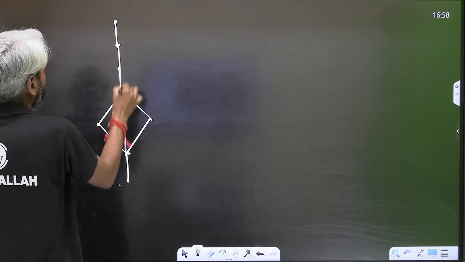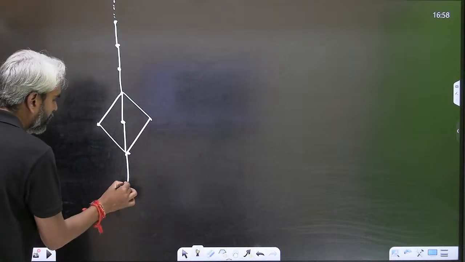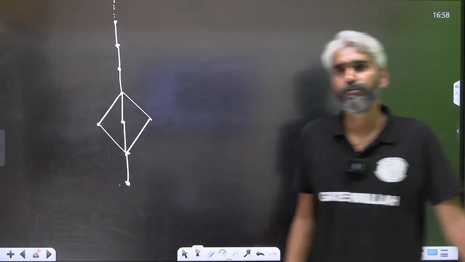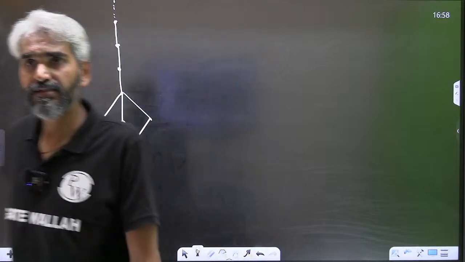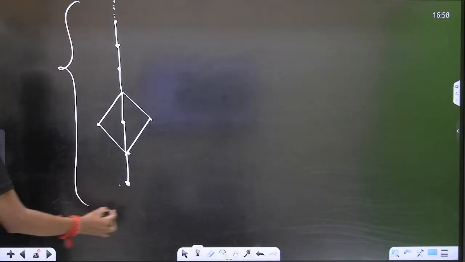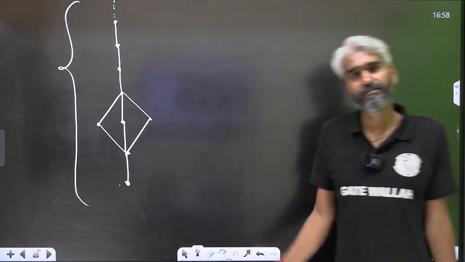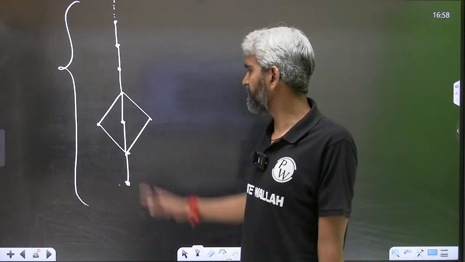Let's assume that this is an unbounded lattice. Is it a lattice? Yes, sir, it is a lattice.